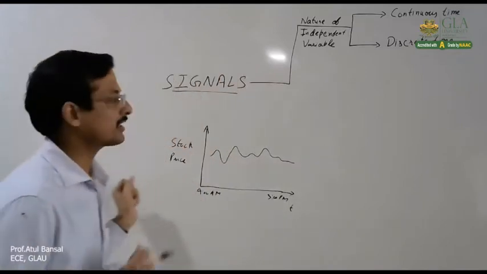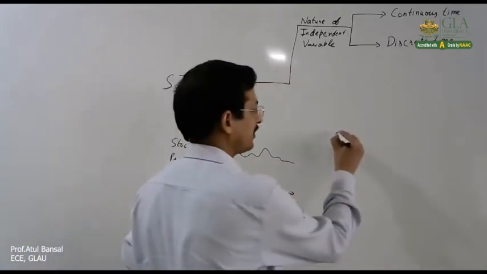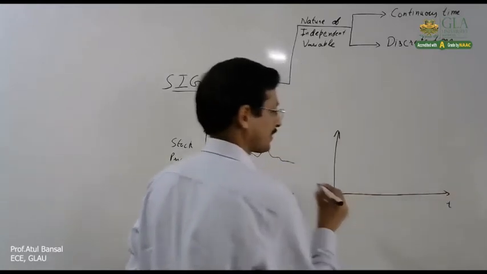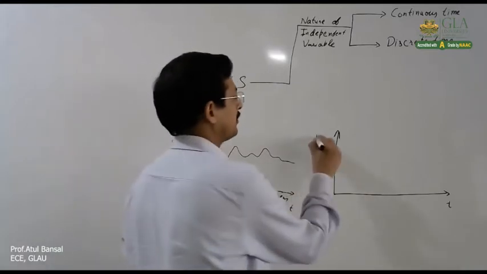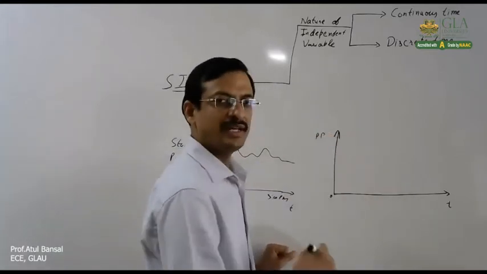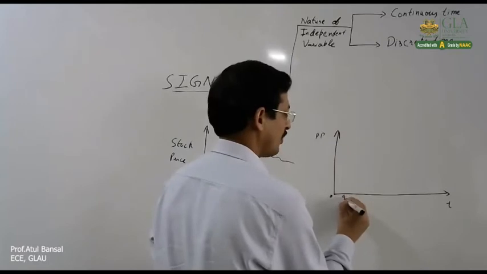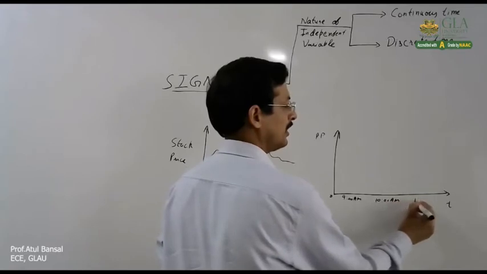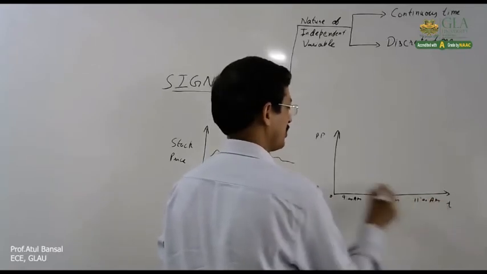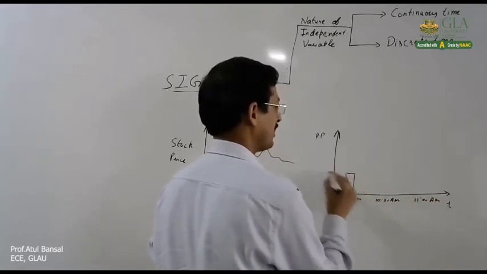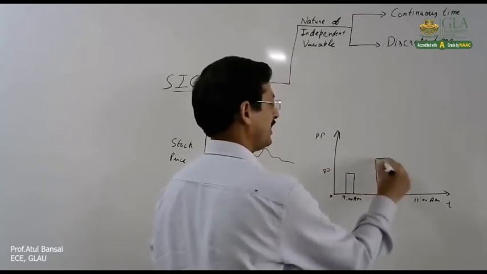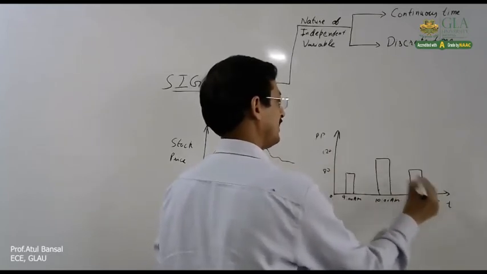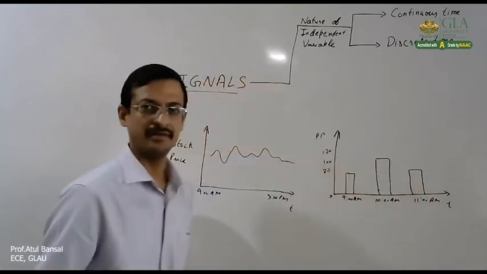Whereas if we take another example, suppose we are measuring the blood pressure of a patient. When we measure it at some regular interval, we take what his blood pressure was at 9 a.m., what it was at 10 a.m., and what it was at 11 a.m. Suppose at 9 a.m. the blood pressure was 80, at 10 a.m. it goes to 120, and at 11 a.m. it is 100.